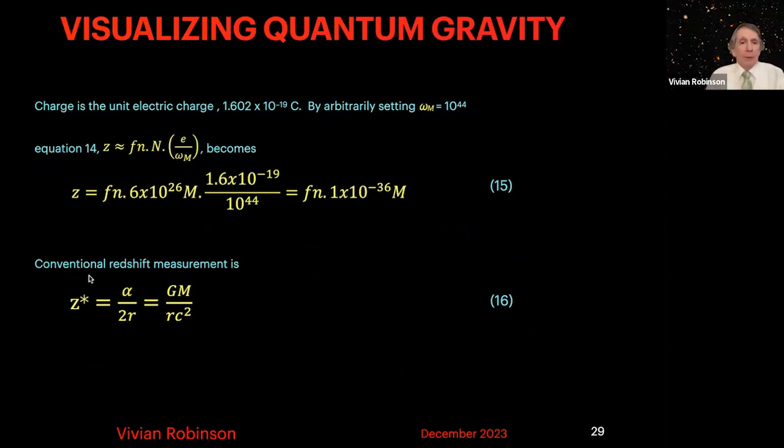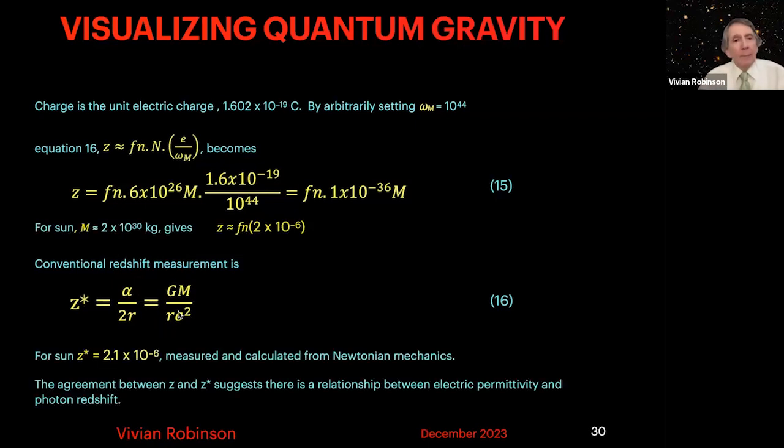And conventional redshift measurements are denoted Z star or alpha over 2r, which equates to GM over rc squared. Now, for the sun, m is 2 times 10 to the 30 kilograms. That gives the redshift a function of 2 times 10 to the minus 6.